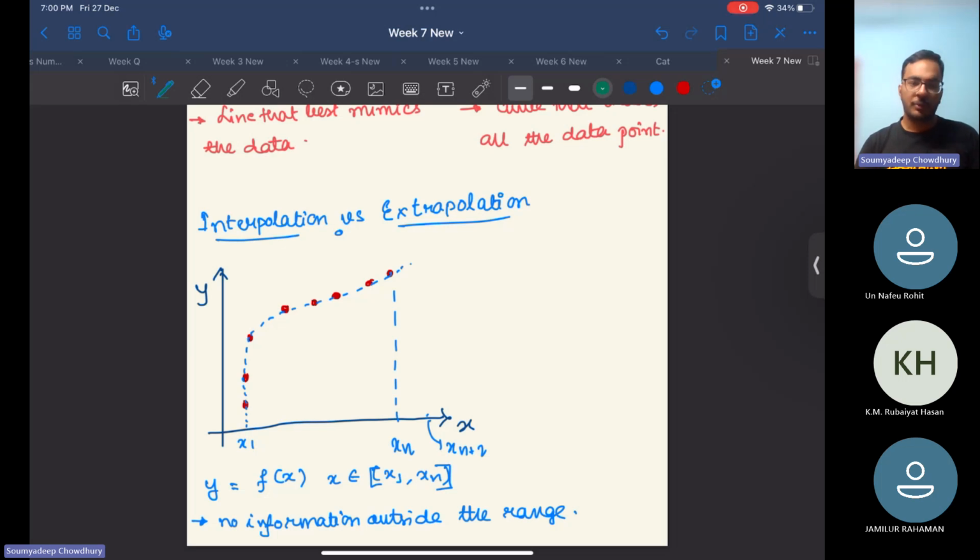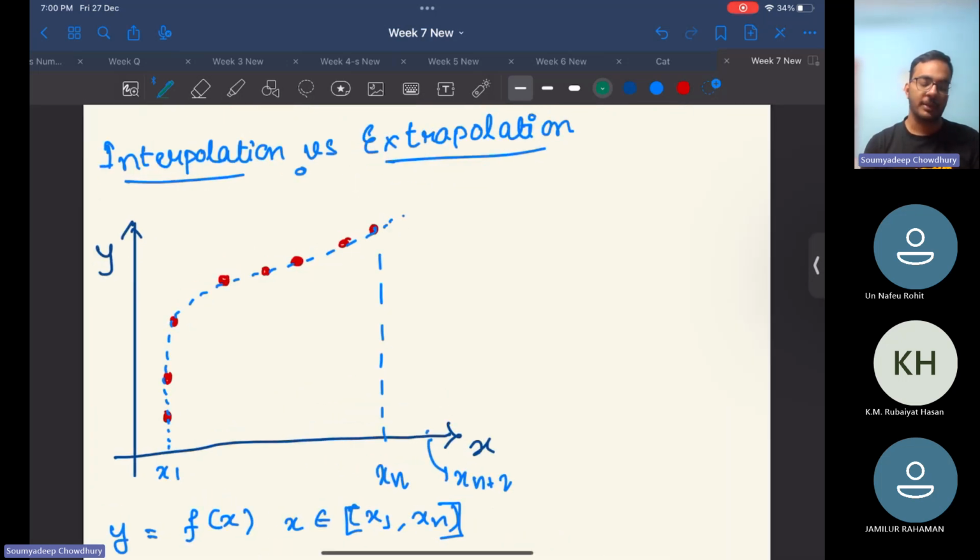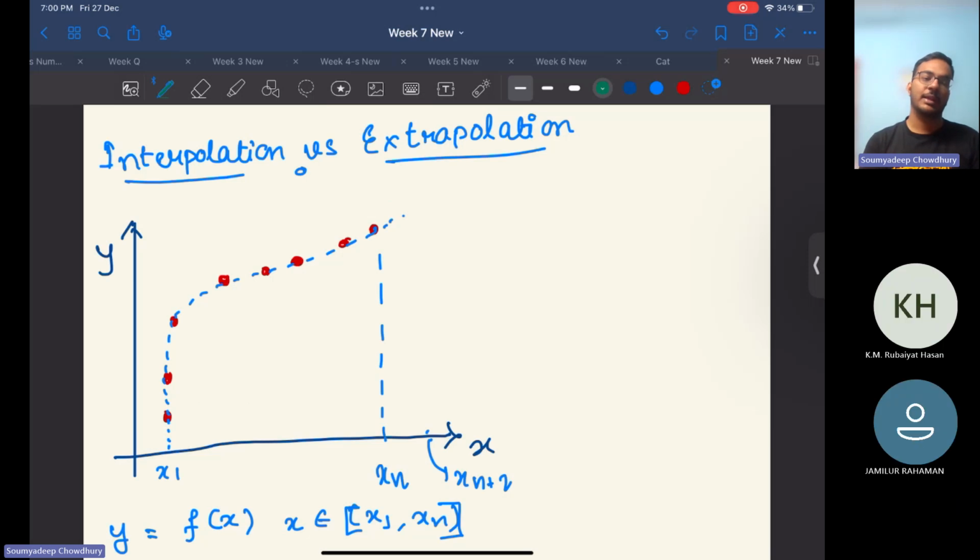If you want to find the value of y for a particular value of x within this range, then your curve is valid. That is, this interpolating curve is only valid for the range x1 to xn. Any value of x you give within this range, you will get the value of y from the interpolating curve. However, outside the range of x1 to xn, your curve doesn't give you the value.